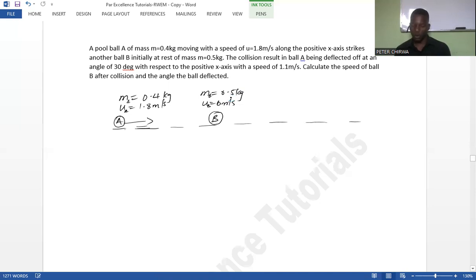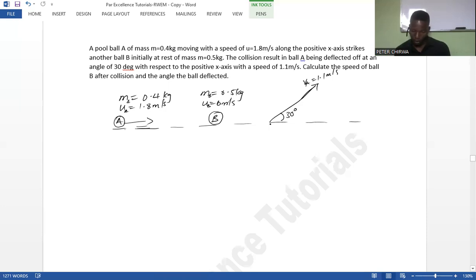Now, after collision, we are told that the first ball deflects 30 degrees with respect to the positive x-axis. So this moves with, let's say, this is VA, 1.1 meter per second. Now, where has the second ball, ball B, gone?